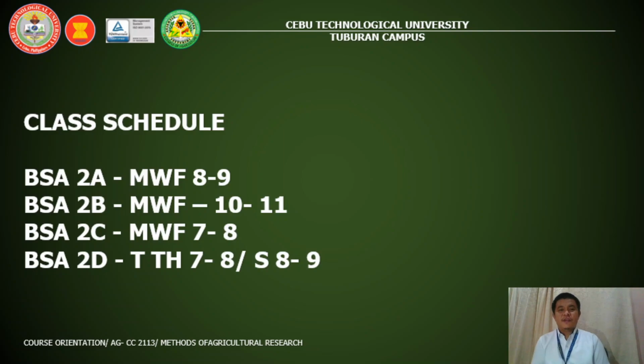Our class schedule is Monday, Wednesday, and Friday, 8 to 9 a.m. And then for BSA 2B, the same days, Monday, Wednesday, and Friday, 10 to 11 a.m. And then for BSA 2C, we have Monday, Wednesday, and Friday, 7 to 8 p.m. For BSA 2D, it's going to be Tuesday and Thursday at 7 to 8 p.m. and on Saturday, 8 to 9 a.m. Okay, that's our official class schedule.